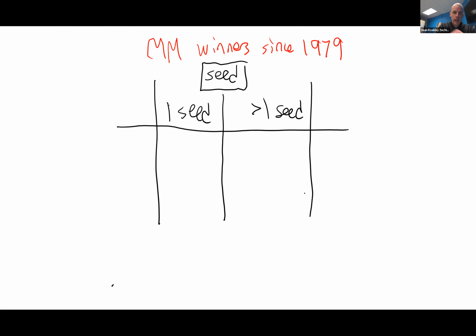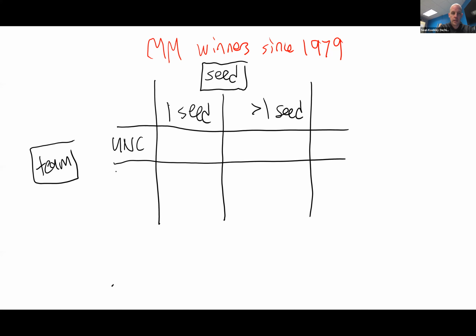Our rows are going to be our teams. We're going to do the 2 programs that have won the most championships since 1979, UNC and Duke, 5 each, and then we're going to do everybody else.